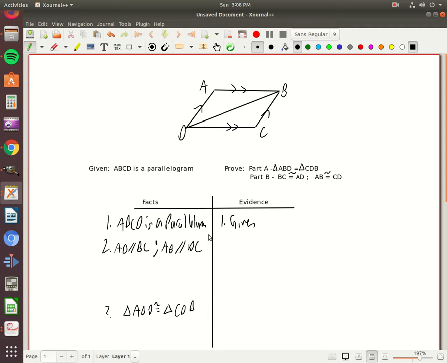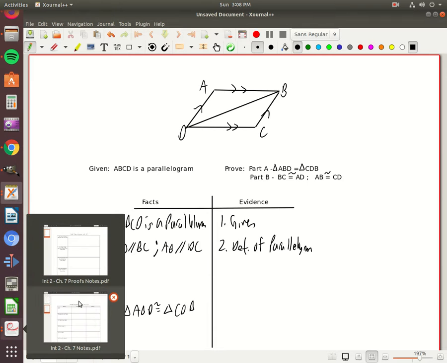And why do I get to say that? I get to say that because that's the definition of a parallelogram. So two things happen there.